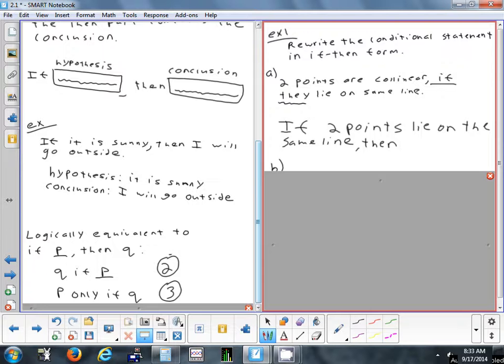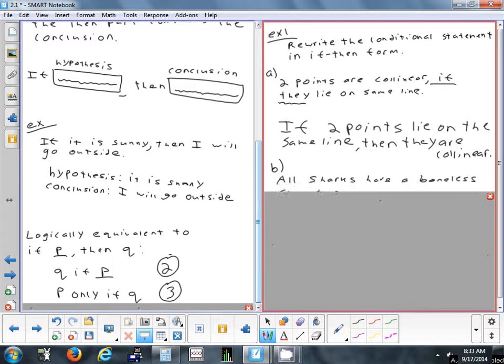So how would I finish this off? If 2 points lie on the same line, then they are collinear. I can use the word they because I've already specified my subject in the first part of the sentence. So that's how you take statement A and change it into if-then form. If 2 points lie on the same line, then they are collinear.